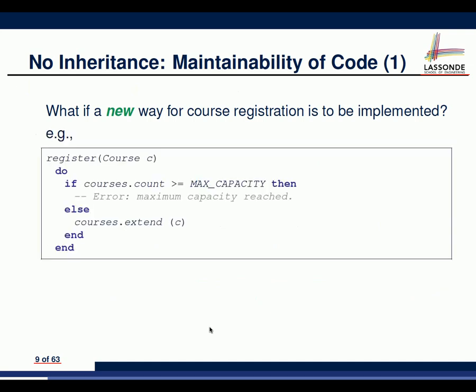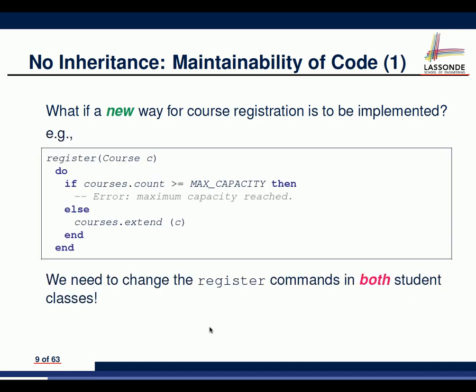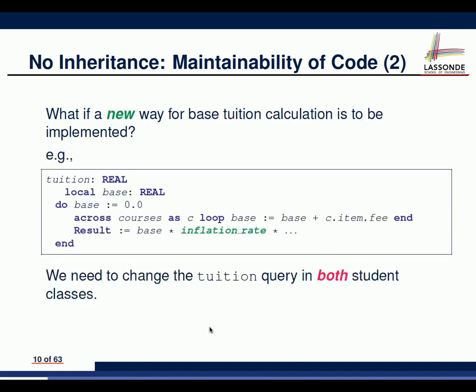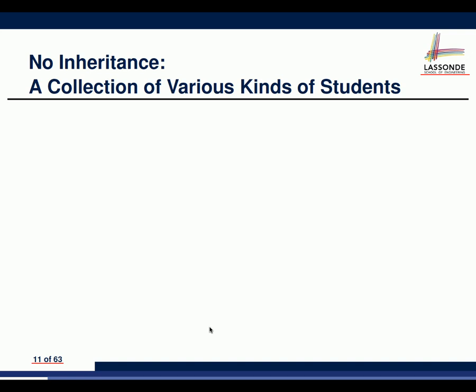So that's the change we talked about. One is about register, and the other one is about how to calculate tuition, which we just illustrated. There's another drawback. At the moment, we have two classes, resident students and non-resident students. They're completely independent. Now I have a question for you.